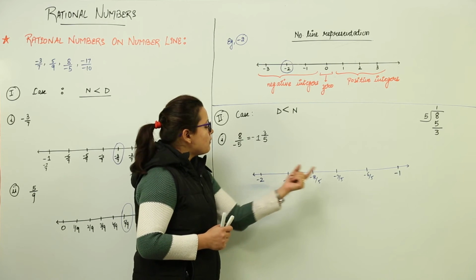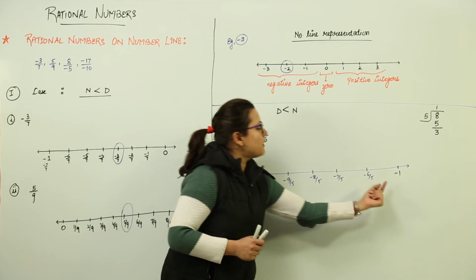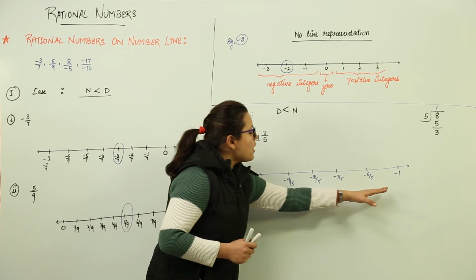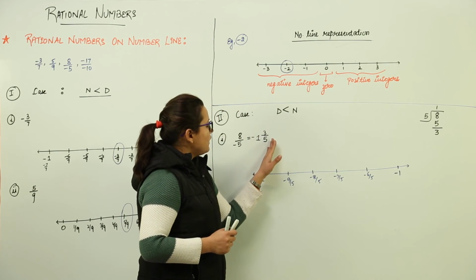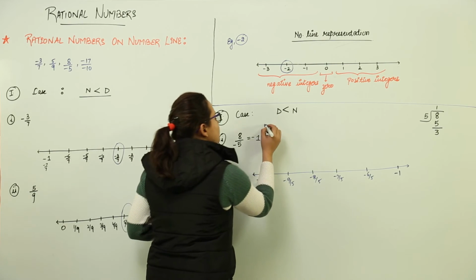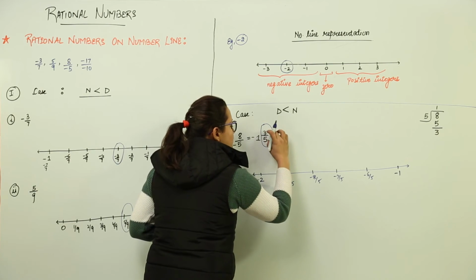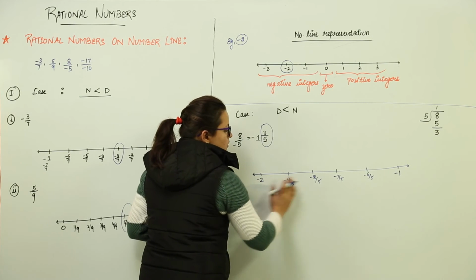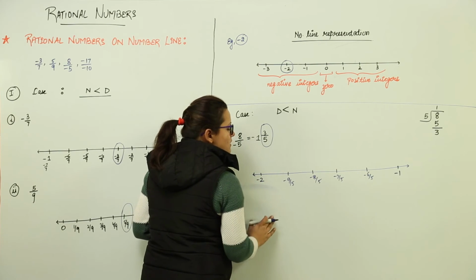So we can make a line and mark minus 1 and minus 2 on that. So now I will divide the line into 5 parts. Why? Because the fraction has denominator 5. So the line is divided into 5 equal parts.